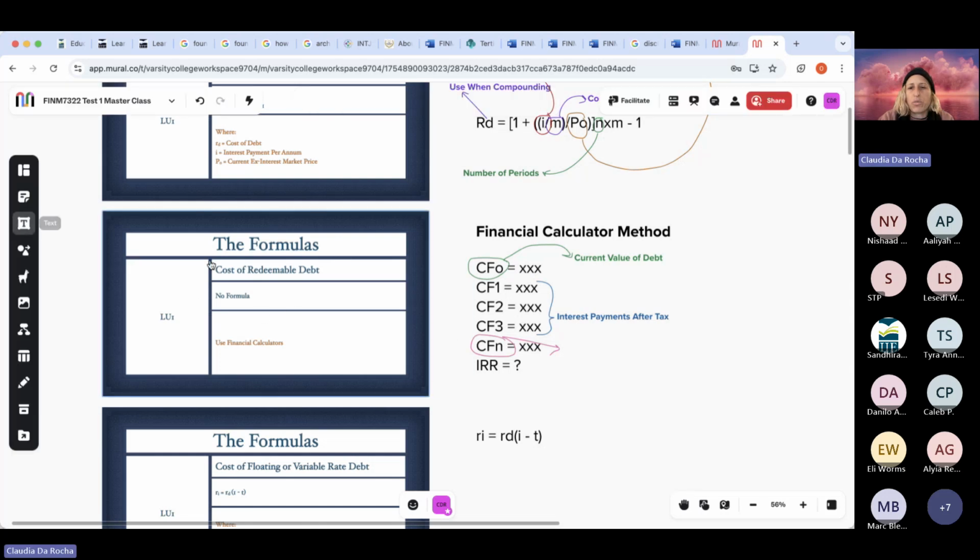So it's normally your face value of the bond, or par value of the debt, not the bond, of the debt. So value of debt plus the interest for your nth year.